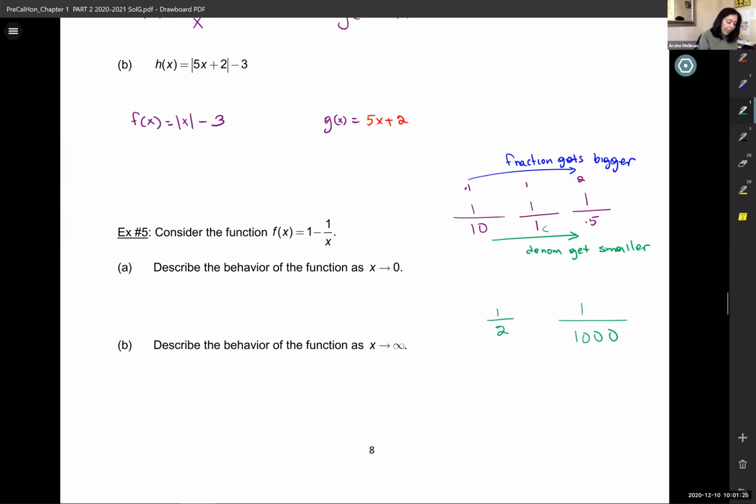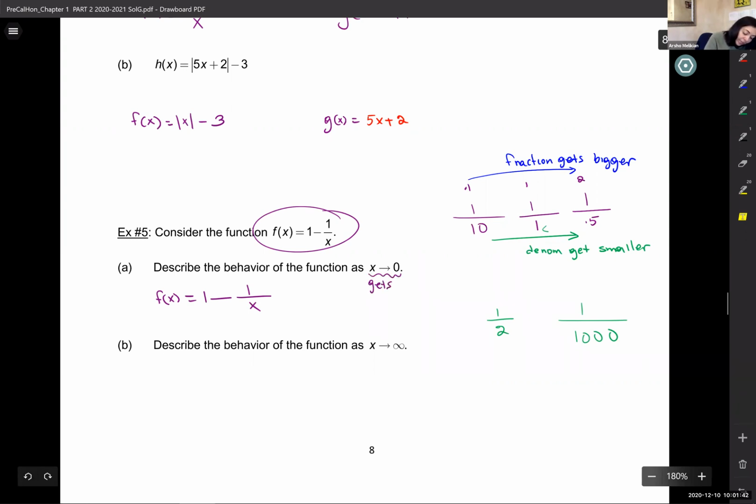Okay, so now look at this. It says describe the behavior of f of x as x approaches 0. Okay, so I have f of x is equal to 1 minus 1/x. As x approaches 0 means as it gets very, very small, like 0.0000001, okay?